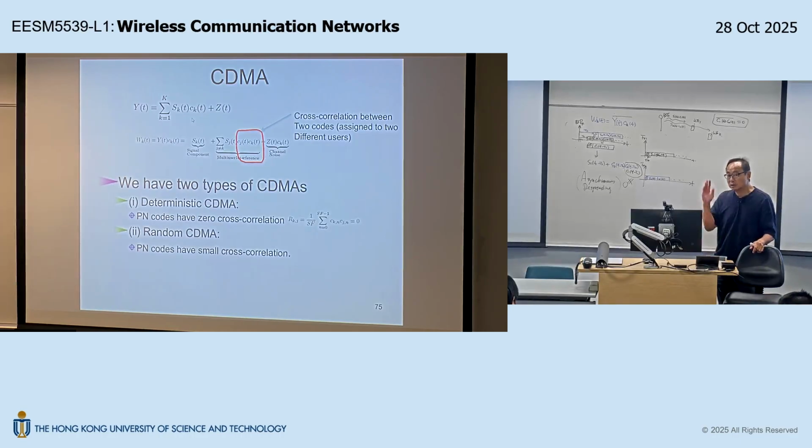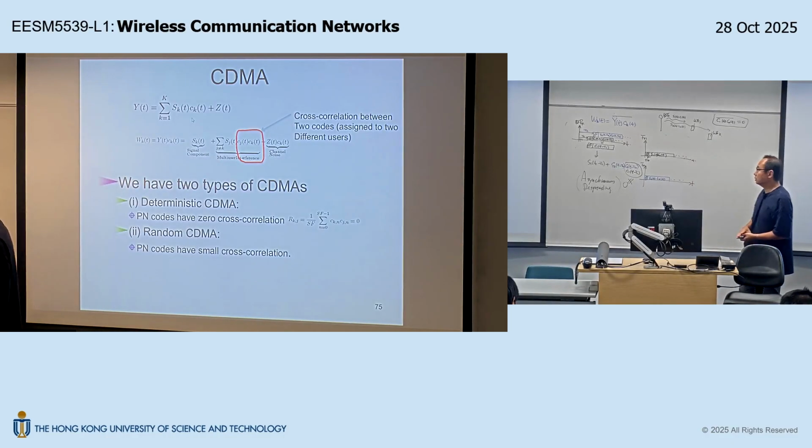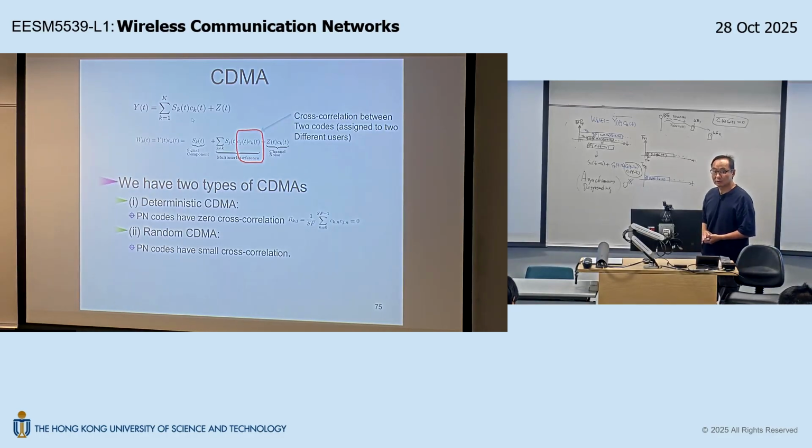Now I mentioned there's one exception, the China version for 3G, TD-SCDMA. They try to adopt deterministic CDMA in the uplink as well. So how is it possible? Suppose you are the system engineer in China.